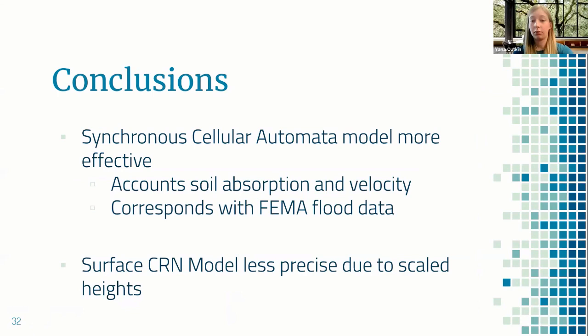And the surface CRN approach is precise to a limit for smaller regions, but for larger areas, water is more equally spread out, even though it should be accumulating in more specific places.